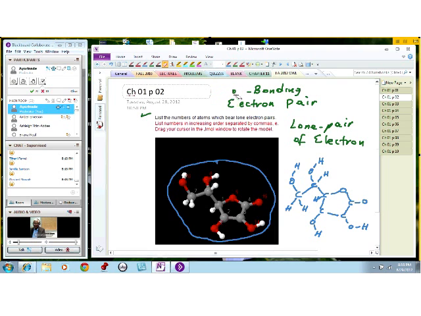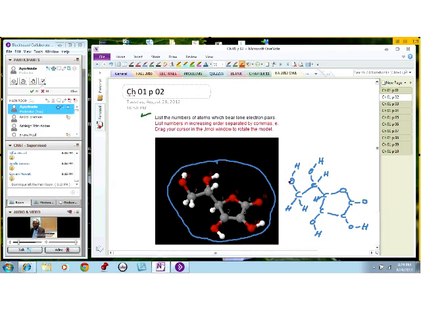This question is testing your knowledge of the octet rule and also, of course, of valence. Let us start with this oxygen. Does this oxygen have an octet of electrons the way it is written? No, exactly.